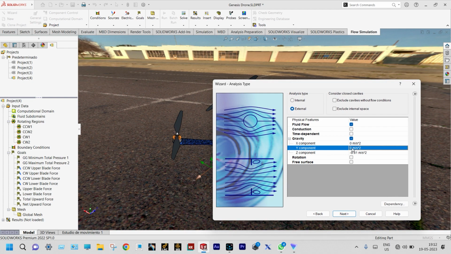So along y it will be minus 9.81 meter per second square, and along z it will be 0. And as it is a drone, definitely this rotation will be required because in our analysis the propellers are the main part, so we need to consider rotation, and we are considering local regions averaging.